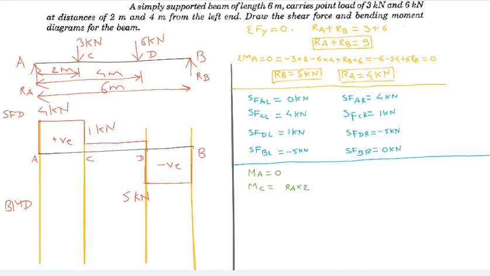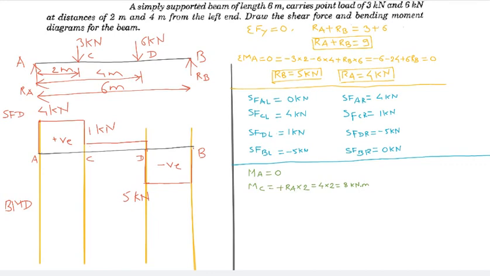So plus RA multiplied by 2. If you solve this further, RA's value is 4 kilonewton, so 4 multiplied by 2 is equal to 8 kilonewton meter. This will be the value of moment acting at point C.